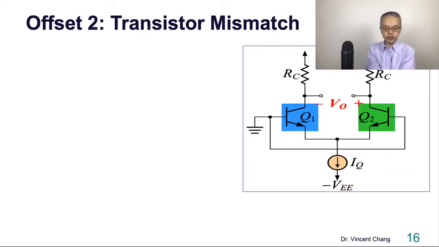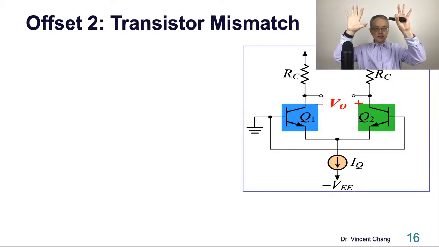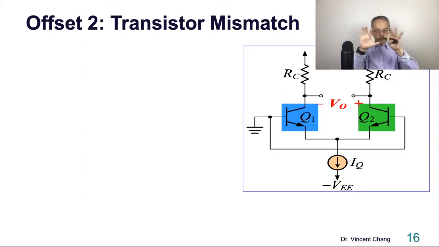The second situation: let's assume the collector resistances are matched, and focus only on transistor mismatch. The second reason for offset voltage could be transistor mismatch.